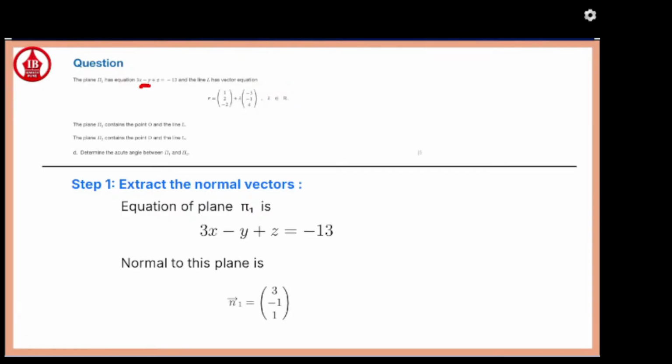So this is the plane and this is the line in vector form.